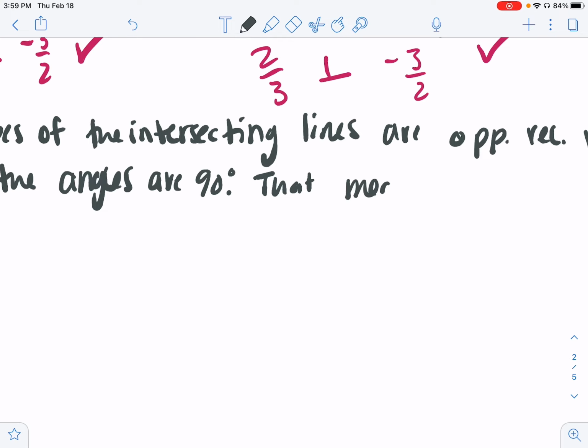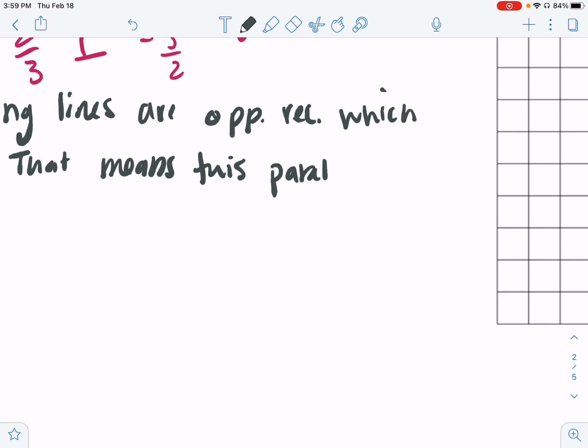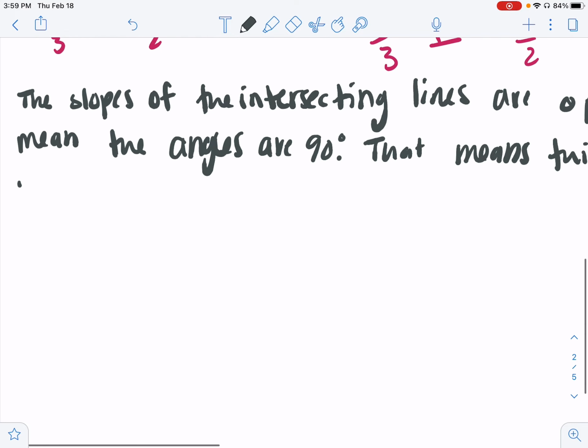That means this parallelogram is a type of rectangle.